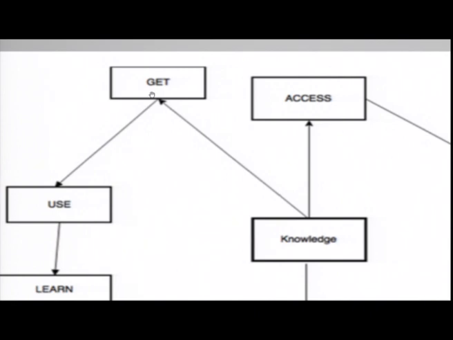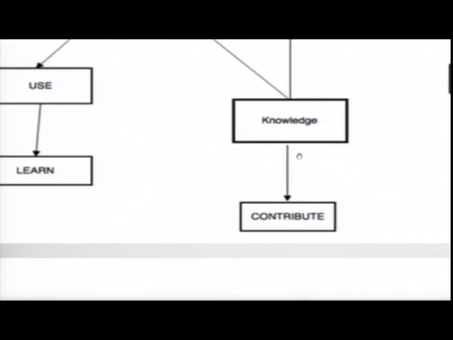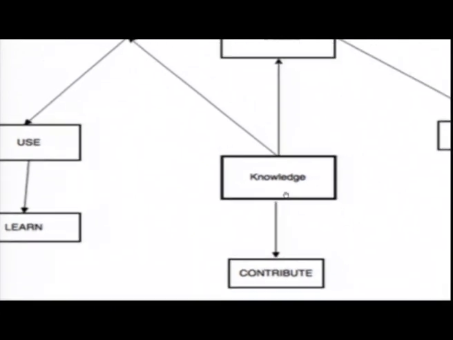You get the knowledge. How do you get the knowledge? The knowledge has been obtained from the repository. From the repository, the user gets it in the form of reports and bulletins. So the knowledge that he captures, he stores, he contributes to the entire world.